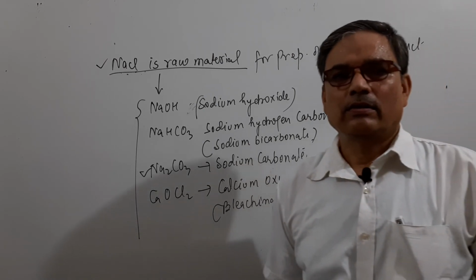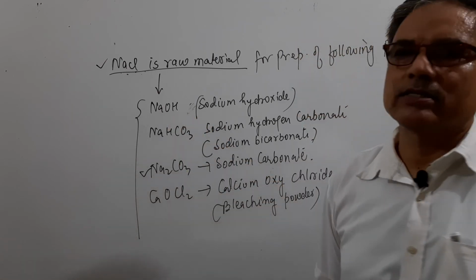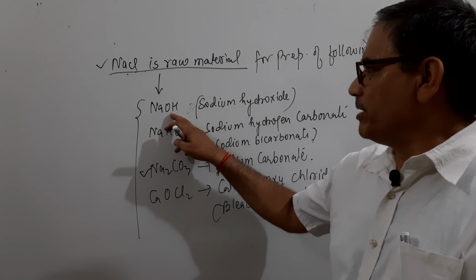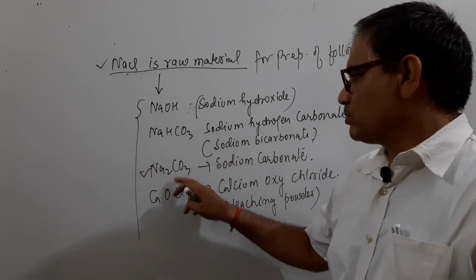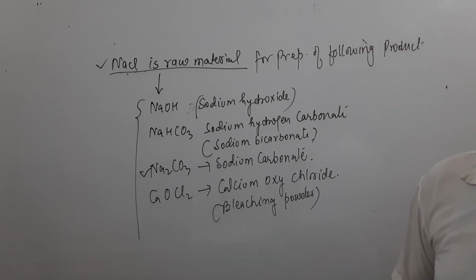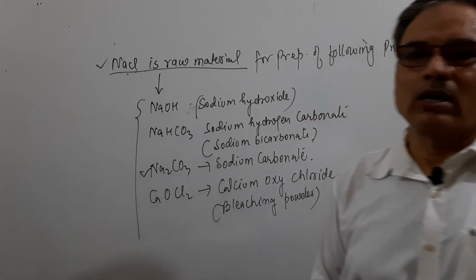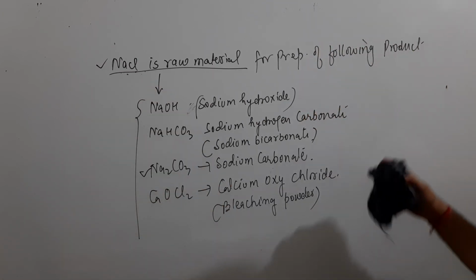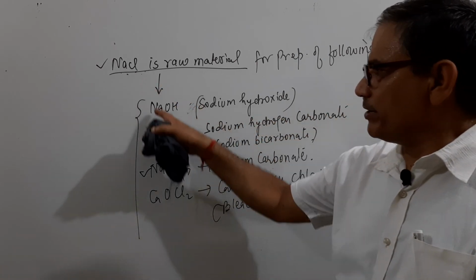These are the different products we obtain from the NaCl salt: NaOH alkali means sodium hydroxide, sodium hydrogen carbonate, sodium carbonate, and calcium oxychloride, which means bleaching powder, can be obtained from the common salt like NaCl. And first, the product which we obtain from the salt is NaOH.